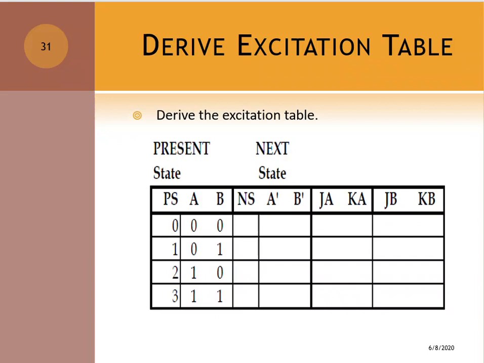Excitation table. Since we have 2 flip-flops, we are going to have 2 variables.